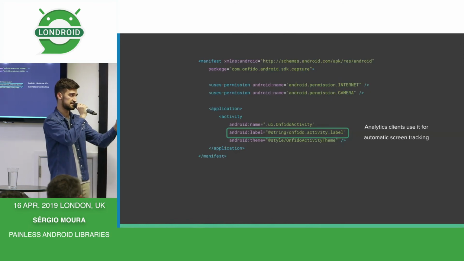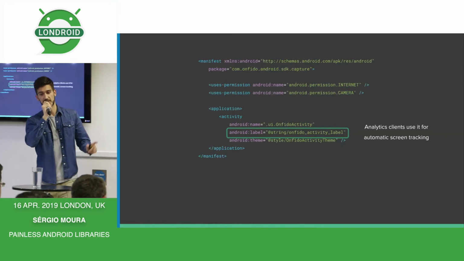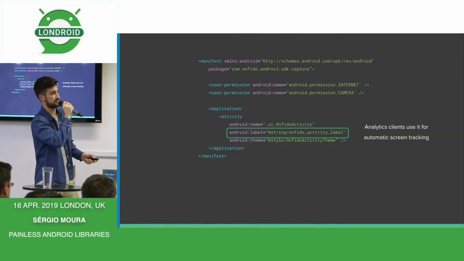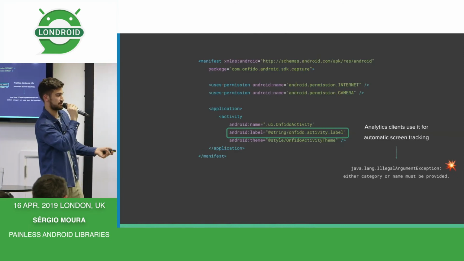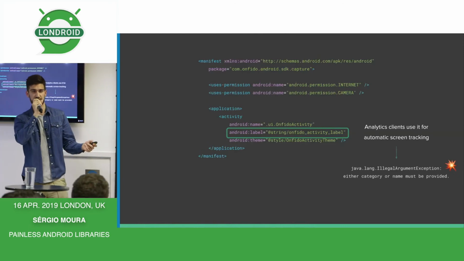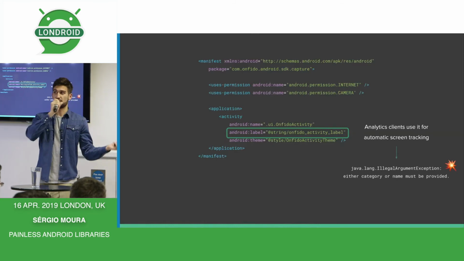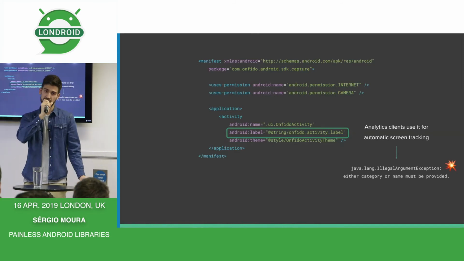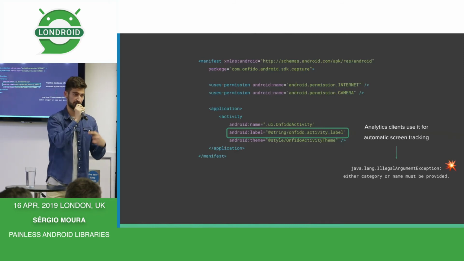And often these analytics clients rely on this property to take the name of the current screen. If you don't define it, another crash can happen, and this one is from personal experience. You may start receiving complaints from your integrators saying that their application is crashing due to your activities.